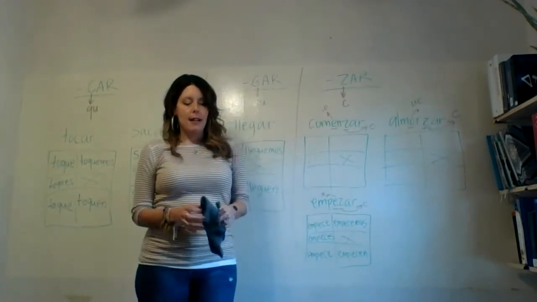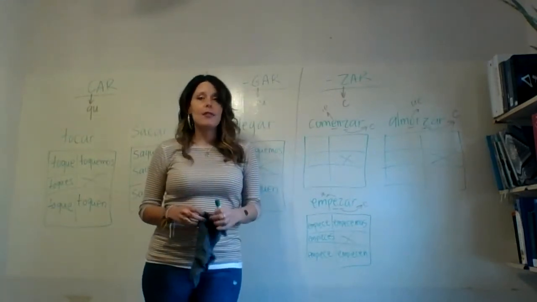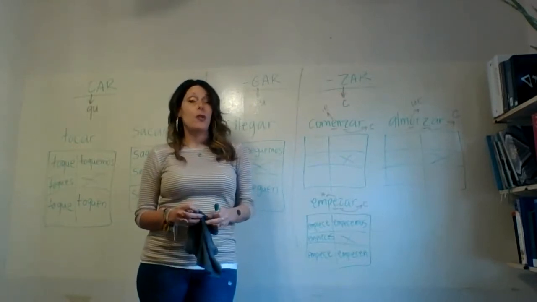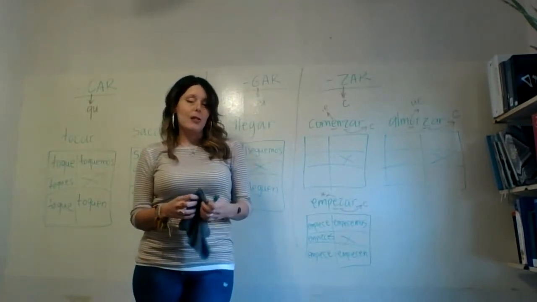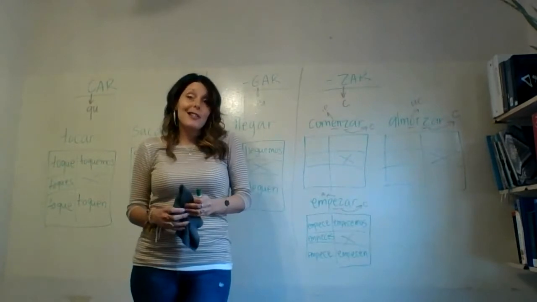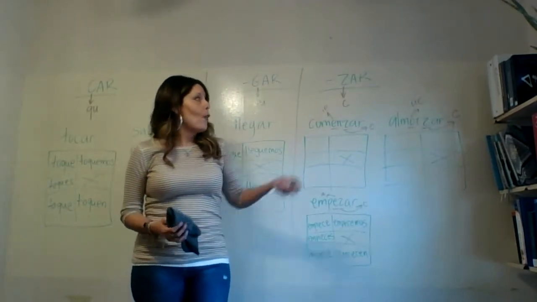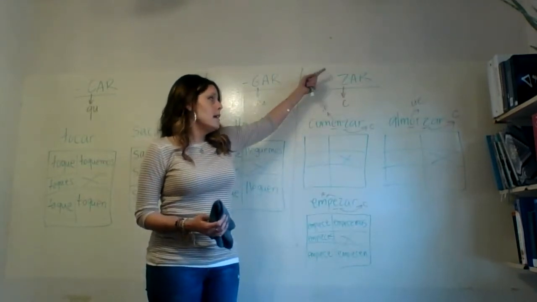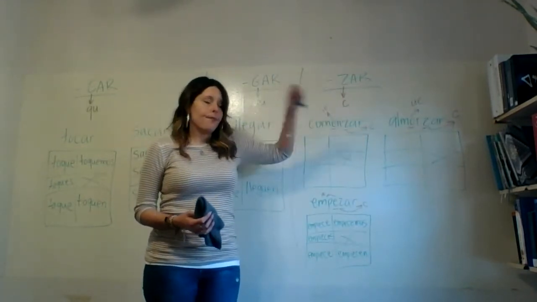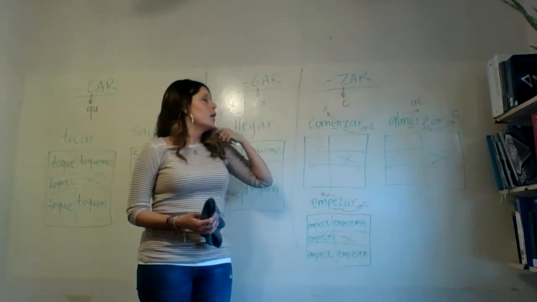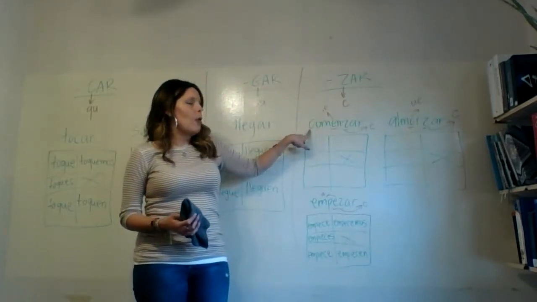If anybody is planning on continuing Spanish classes, it would be a really beneficial thing to know. But for the purposes of this video, I will just say just cause, even though there really is a cause why it happens. Anyhow, so with zar verbs, the Z is always going to change to a C. And looking at our first verb as an example, comenzar.